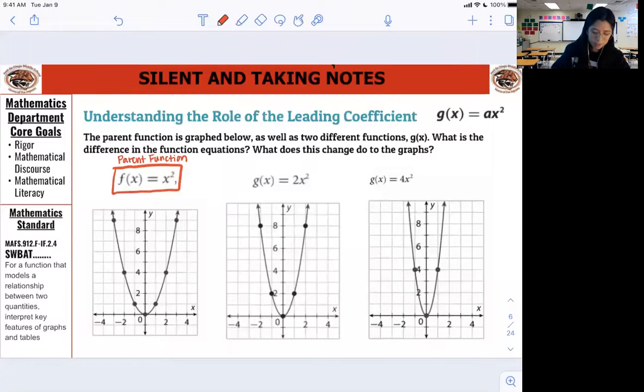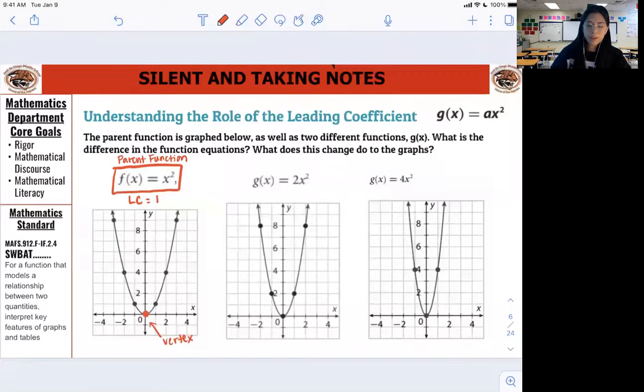It's at 0, 0. It opens upwards. And what's the leading coefficient again? 1. It's 1.